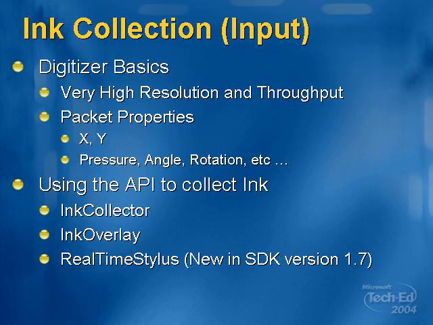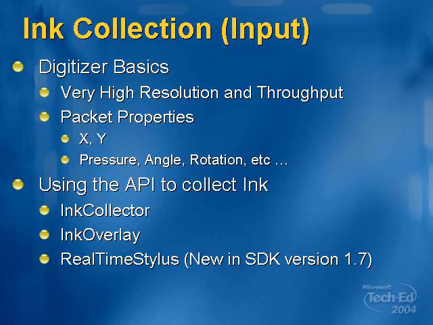The throughput is approximately 10 times higher than a mouse. The resolution is approximately 3 times as high as a mouse. So that's a lot of data coming across from the digitizer as it moves across the screen. What all this additional data allows for is a very smooth and natural inking experience for the user, and also allows us to present the ink in a very nice, real-world look and feel.